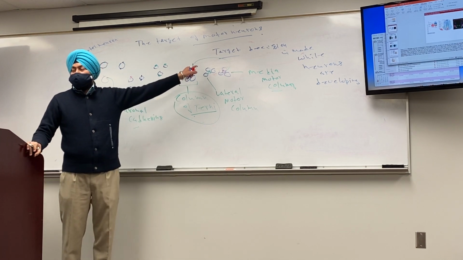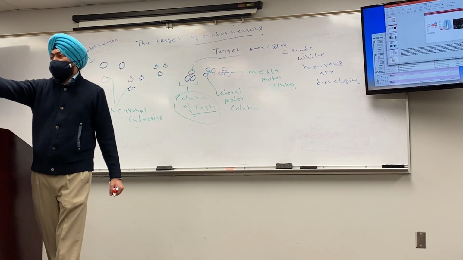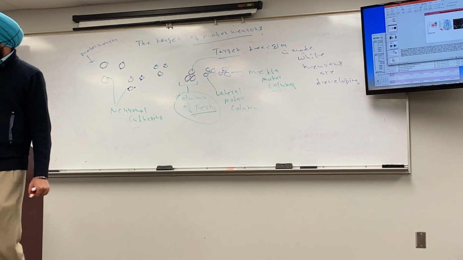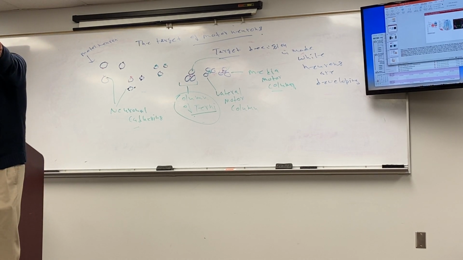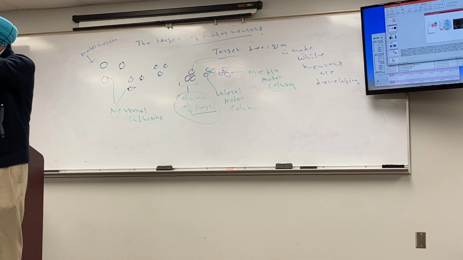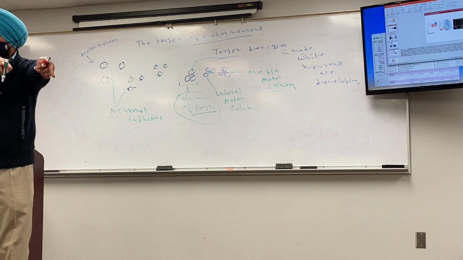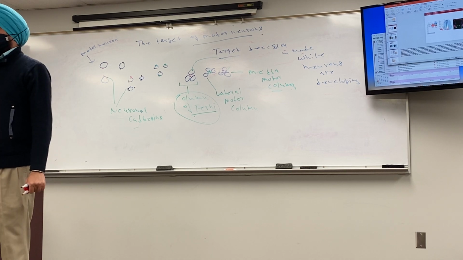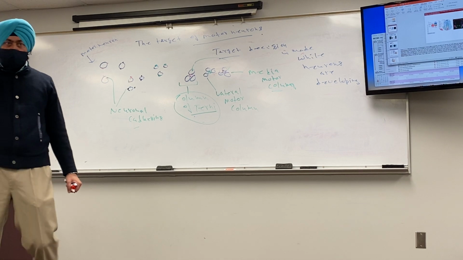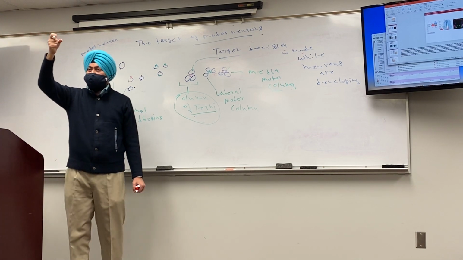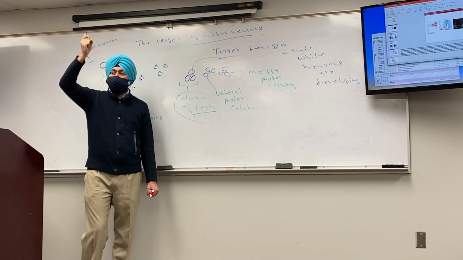For example, Mason is sitting there, and you need to go to St. Louis. Even after I take you from there and put you there, you will still go to St. Louis, right? So once you're in the column, you have a specificity for the target.